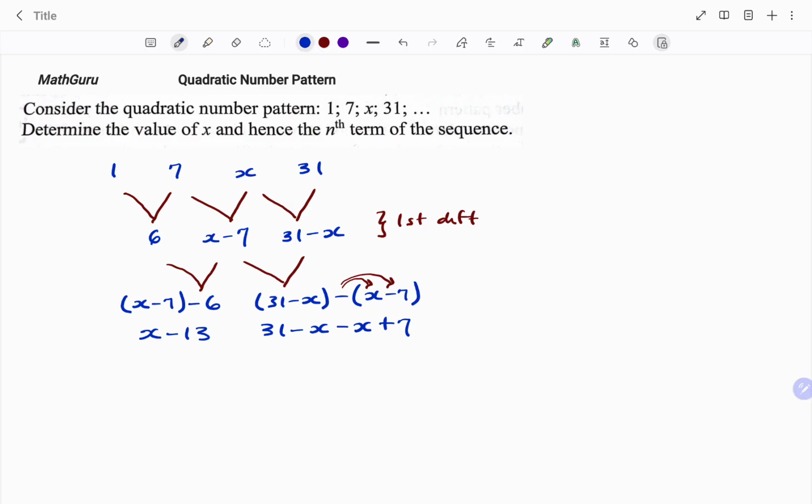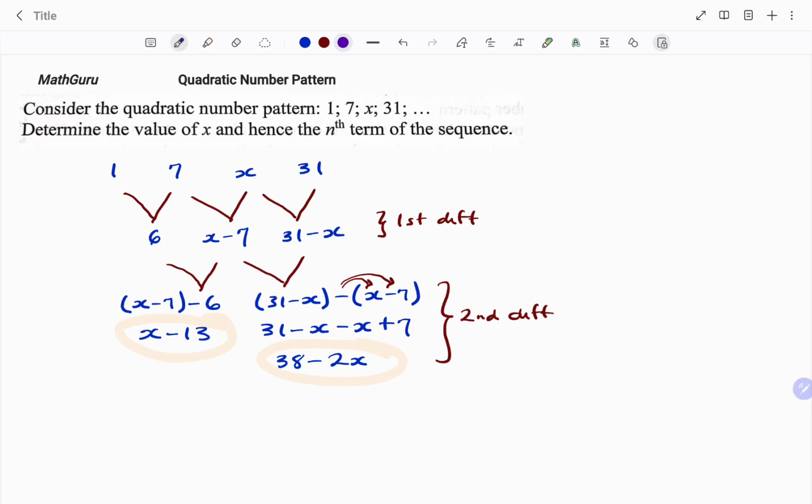So if I simplify further, I have 31 plus 7, that's 38 minus 2x. And that will be my second difference. As stated earlier, because the second difference is the same, all I need to do is to equate x minus 13 and 38 minus 2x. Those are my second difference.